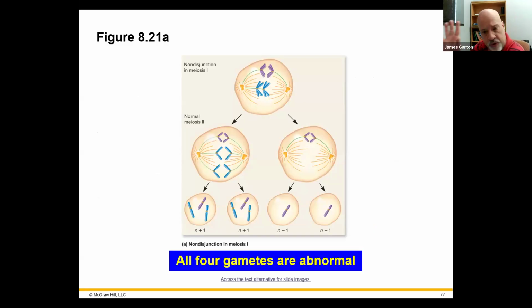You assume it happens once. It's easiest to imagine this error happened to one chromosome only. And so every gamete will be abnormal. Half of them will have one too many chromosomes, and half will have one too few.